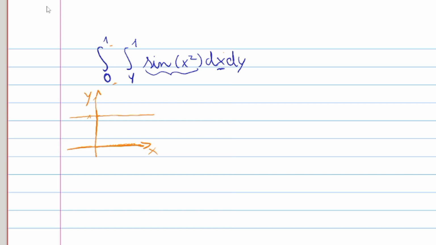Then we have x, and for x here, it's y. So as we know, this graph is y equals x, and here we've got 1, and here it's 1.